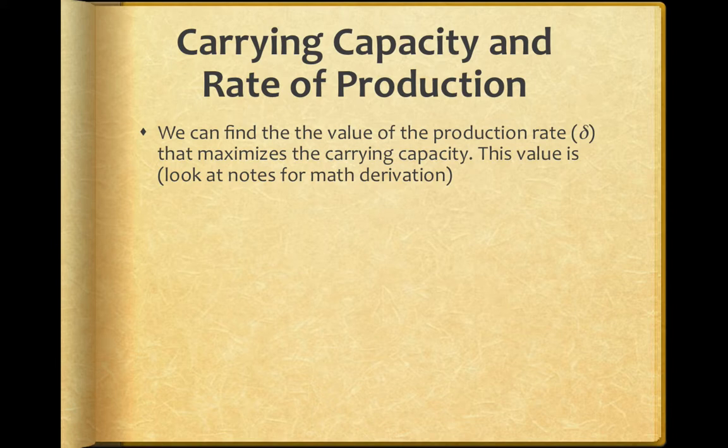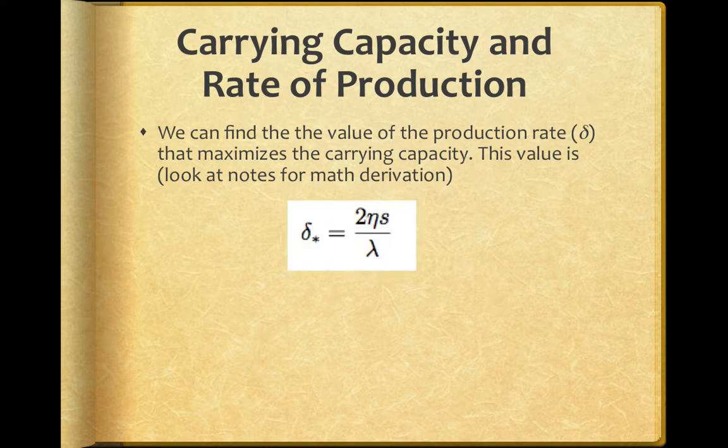You can find it through a very simple analysis, and I did some notes for the derivation that I've included with this lecture. You can find the production rate, the rate at which you're consuming nature, that will maximize the population that's sustainable by the system. So that's an interesting concept.